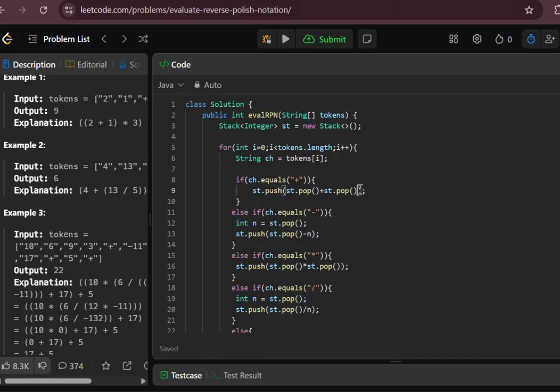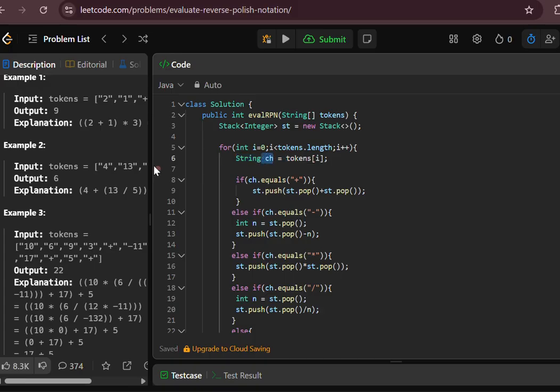I'm showing you the solution. This is a Java solution. Basically, we create a stack, and then iterate over tokens.length, which is the string array given in the question. For each token, we extract it as a character string.